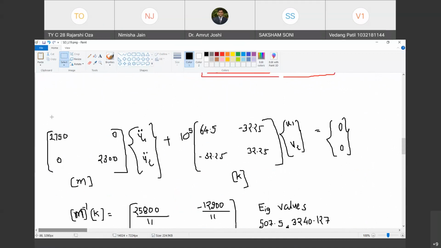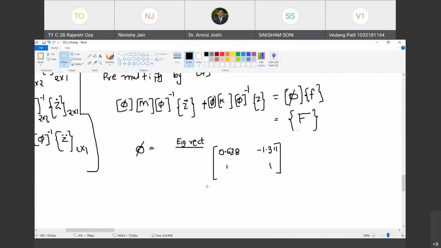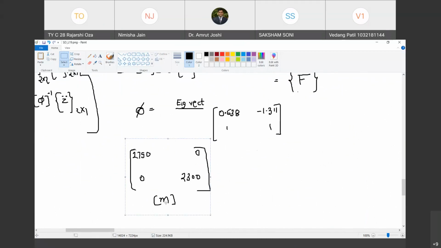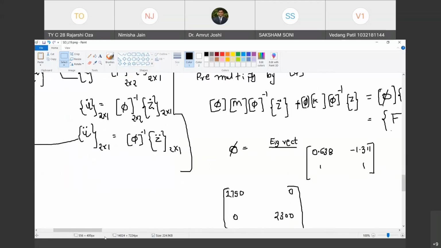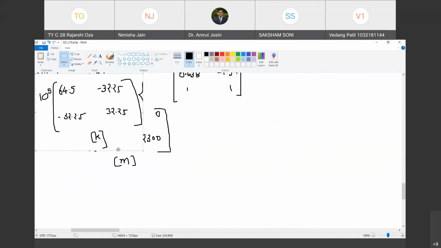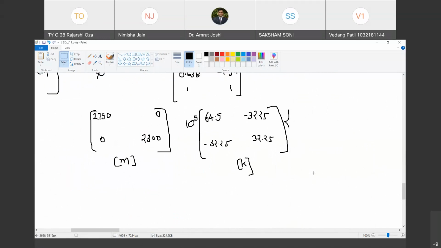We have this as M matrix, and we have this as K matrix. So K matrix, M matrix and phi matrix are available. We are only left with finding out phi inverse. Happy?